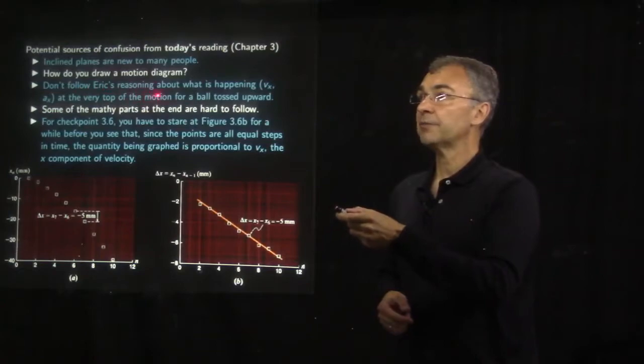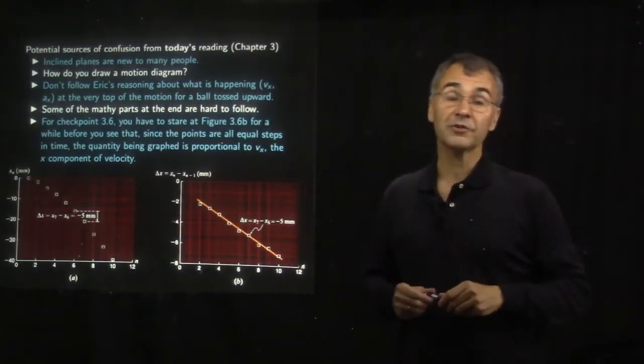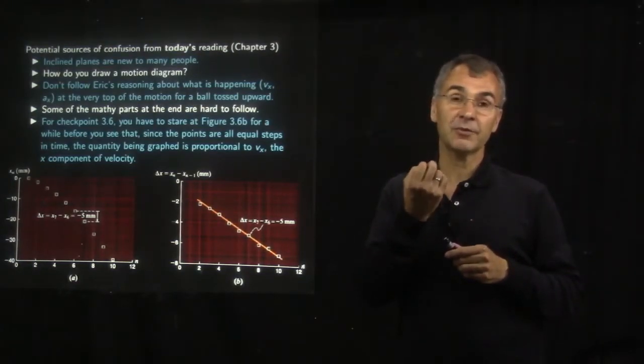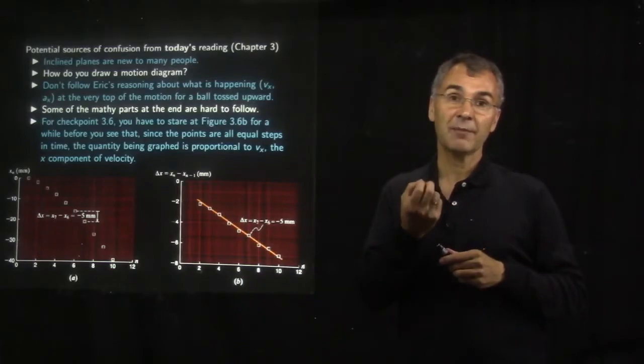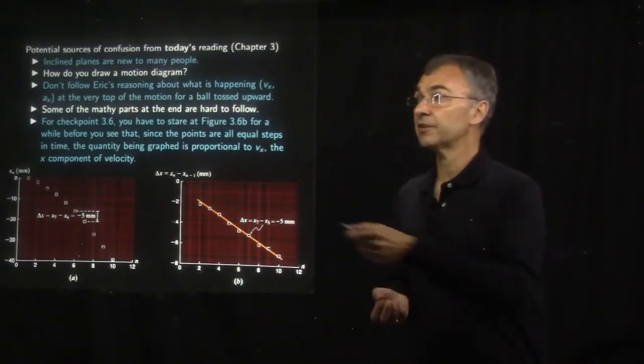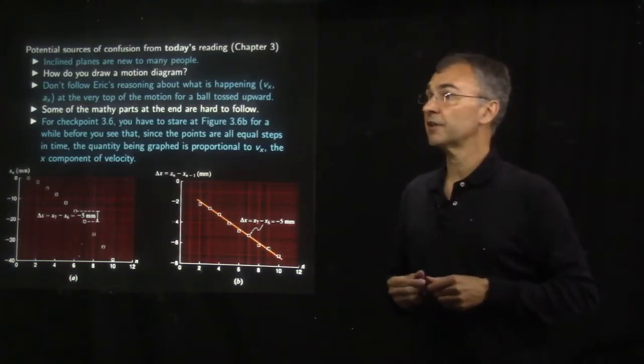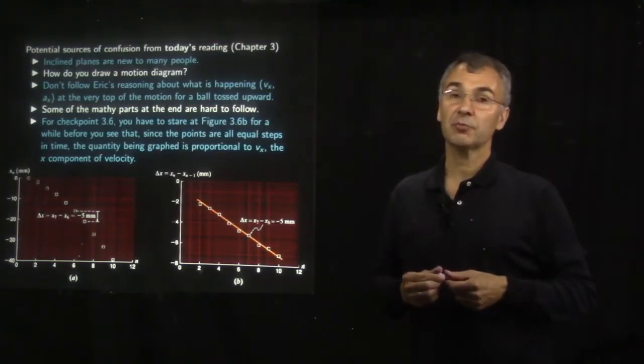Okay, sometimes there's following the reasoning about what's happening. For instance, it actually is really important as you go through to reason through what's happening to the x component of velocity and the x component of acceleration for a basketball at the very top of its orbit when it's tossed upward.